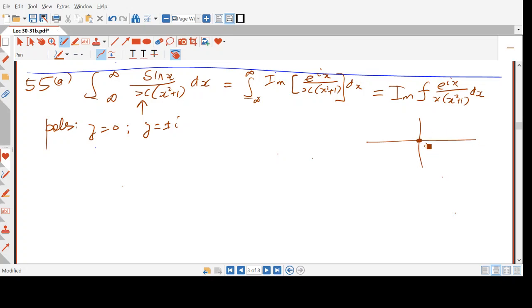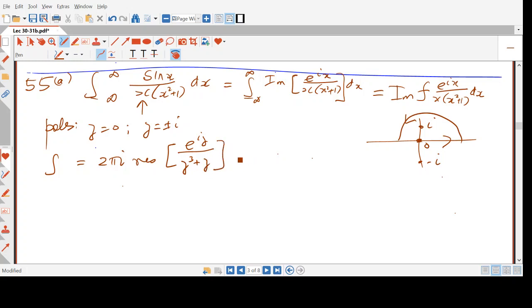Usual naught, i, minus i. Surround the contour of that type, and then you can write down the integral to be 2 pi i times the residue of e to the iz over, well, let's multiply the denominator out to get z cubed plus z, at z equals i, plus pi i, this is the principal value, e to the iz over z cubed plus z at z equals naught.